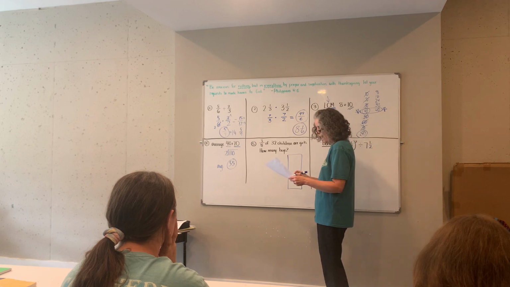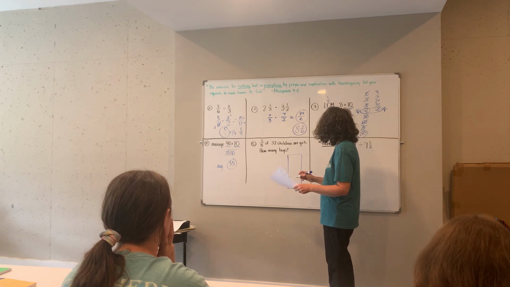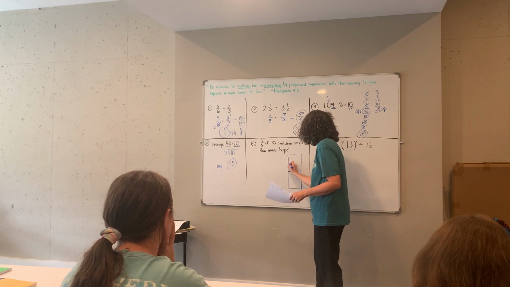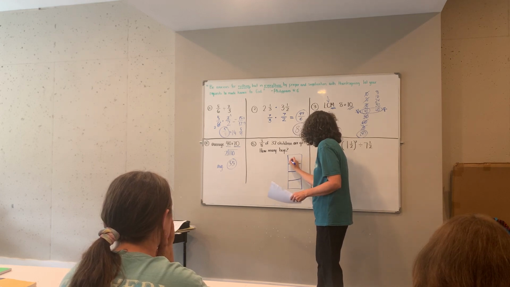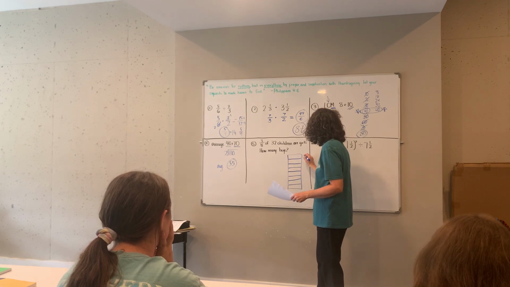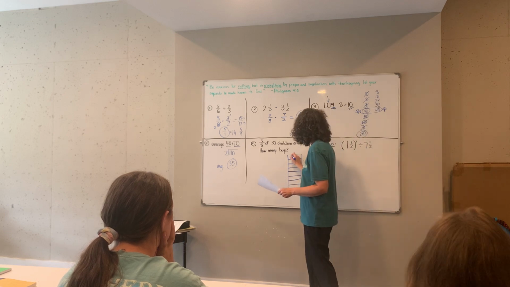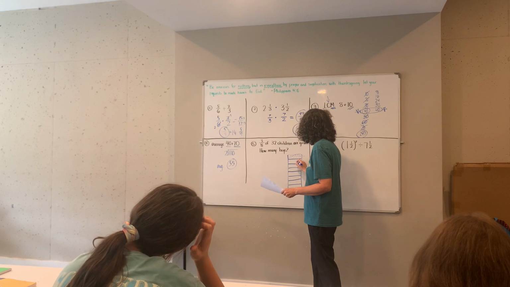I need how many boxes? 8. I don't know if I can do this evenly, but we'll see. There's half, again, there's half again. Let's see if I have 8. 1, 2, 3, 4, 5, 6, 7, 8. 3 of them, 3 boxes that is, are what?